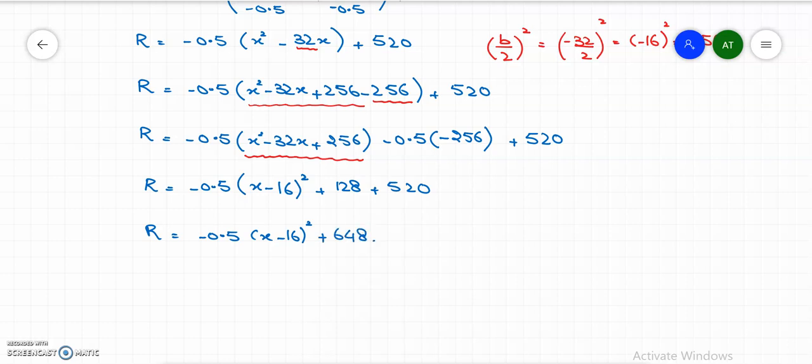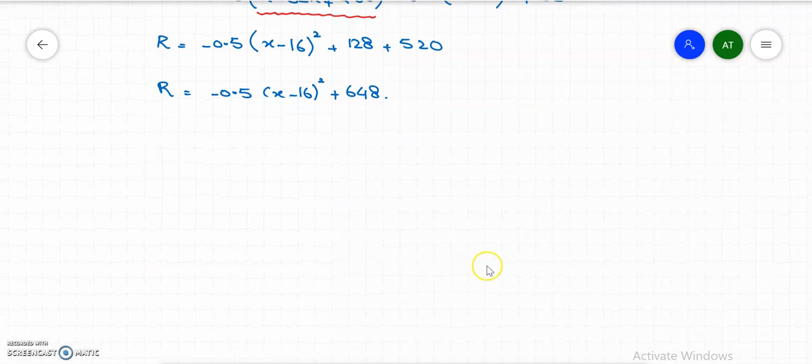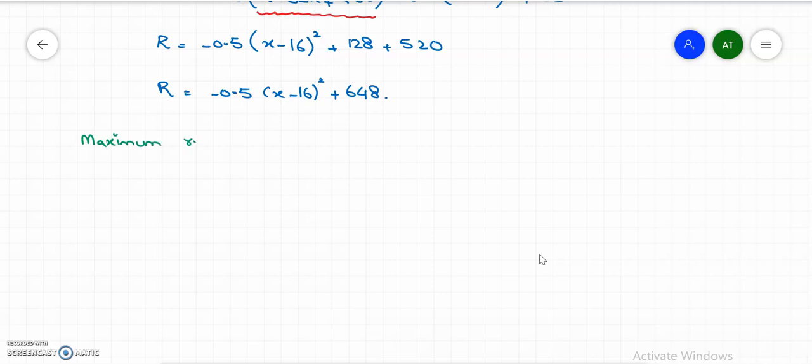So that is the vertex form of the quadratic equation, that is y equals a times x minus h whole square plus k. And we know that the y coordinate of the vertex deals with the maximum or the minimum value. So what is the maximum revenue? In this case, the maximum revenue is the y coordinate of the vertex, which is 648.